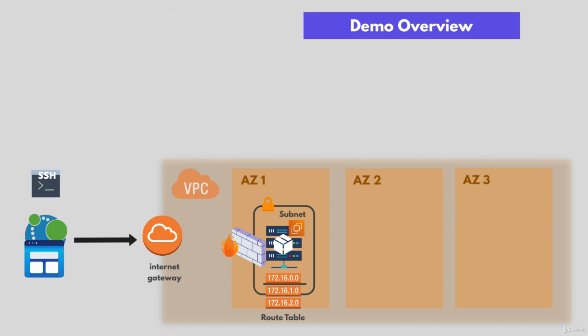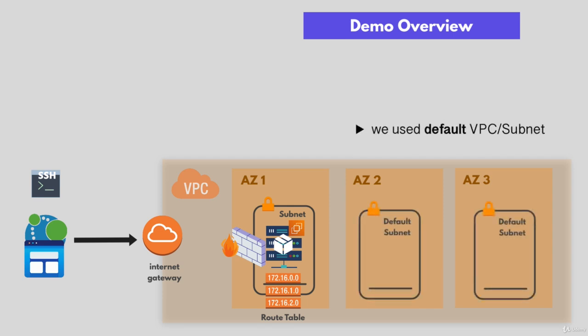And generally, when working with the AWS command line interface or even the management console, you can create the EC2 instances in the default VPC that comes out of the box with every region, right? So you don't have to create a new VPC and a new subnet to launch your EC2 instance there.